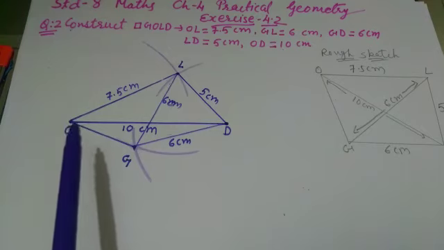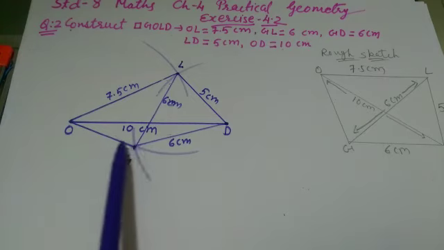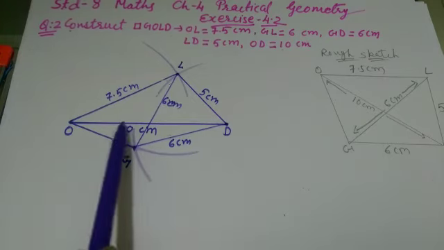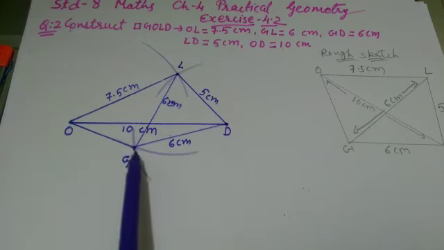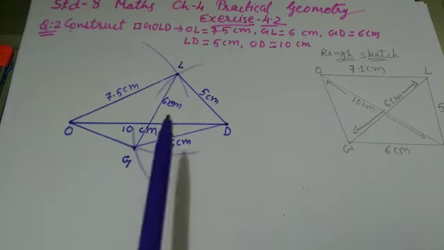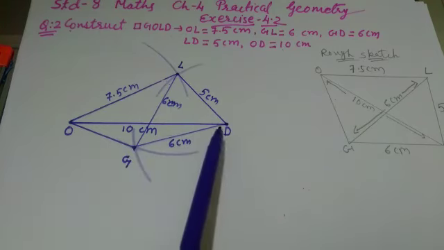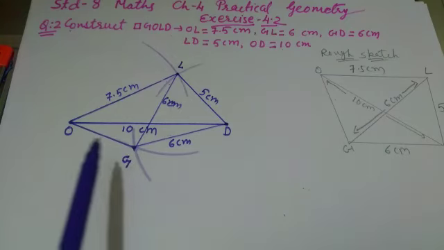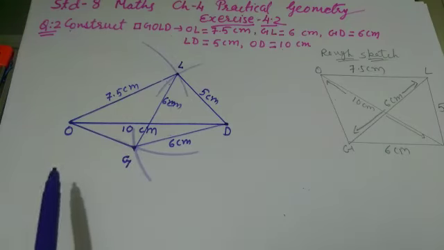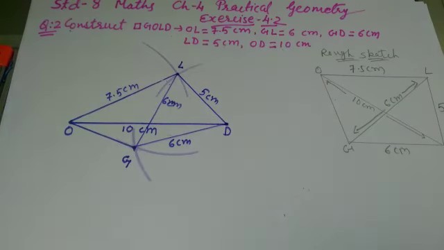Next step, step number 6, taking D as a center with radius 6 centimeter, draw another arc downward of line segment OD which intersects the previous arc at point G. Step 7, join point G and point D, point O and point G, point L and point G. Hence quadrilateral GOLD is the required quadrilateral.